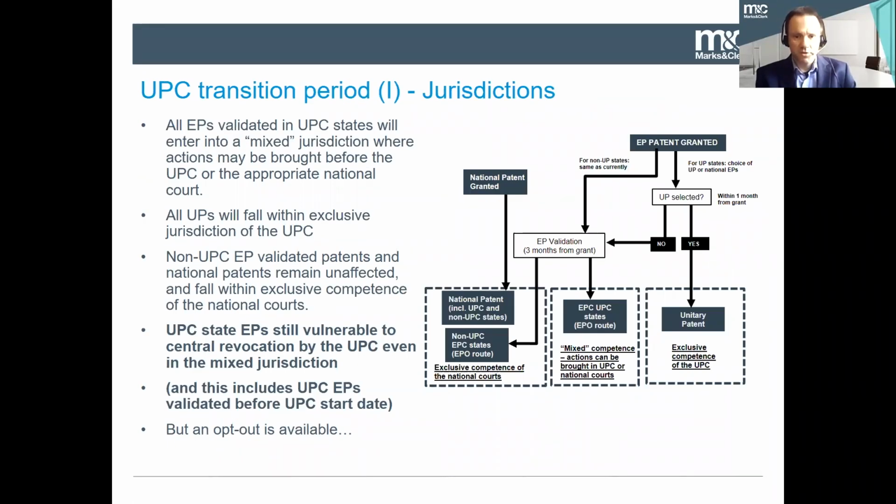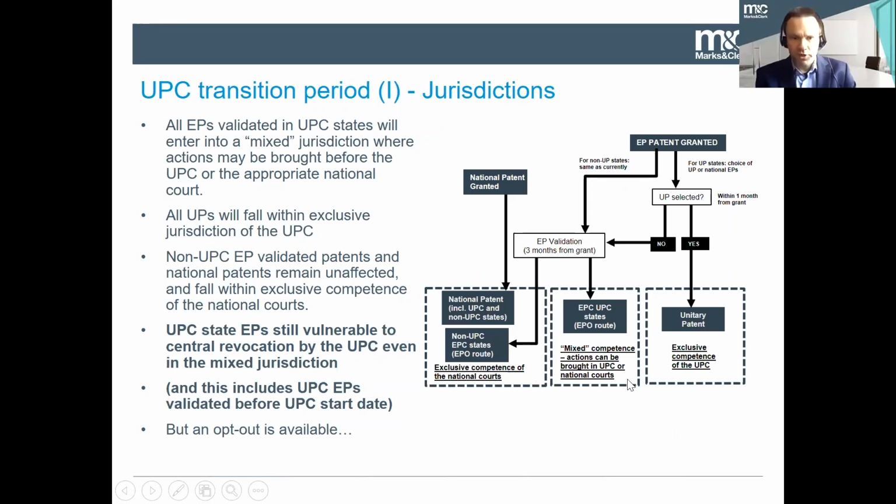In the transition period, the jurisdictional arrangement is like this. So again, the UPC has exclusive jurisdiction for unitary patents, self-explanatory, I guess. The national courts are also still exclusively responsible for non-UPC patent validations and national patents obtained in any national patent office. The difference lies in this middle bit here, where we're looking at traditional validations of European patents in UPC member states.